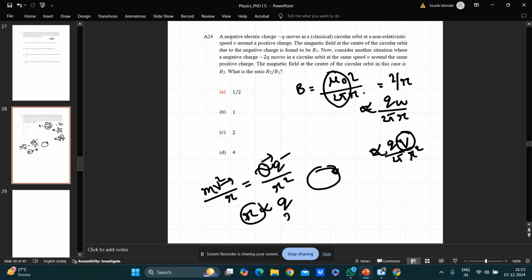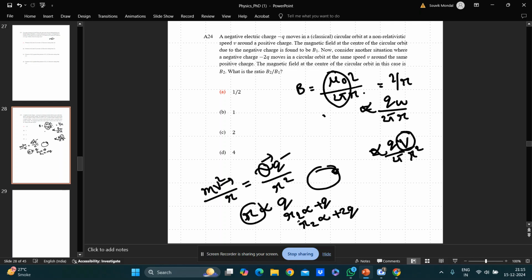So R is directly proportional to Q. In the first case, R1 is proportional to Q. Don't take the sign seriously, because this is an attractive force, that's why it's revolving like in gravitation. And R2 is proportional to 2Q.